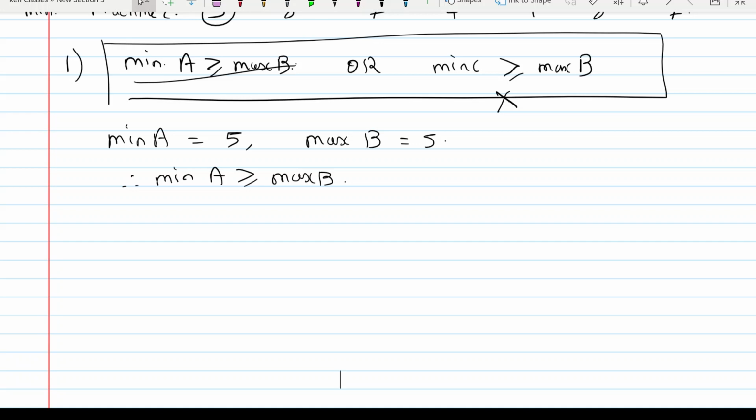So therefore this condition is satisfied.